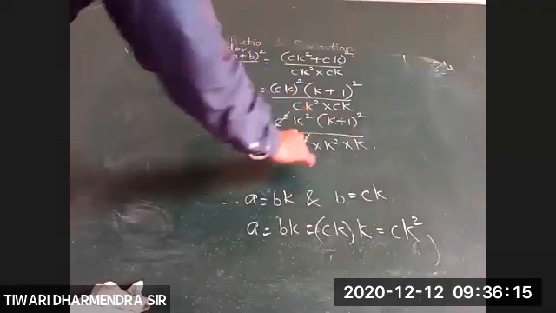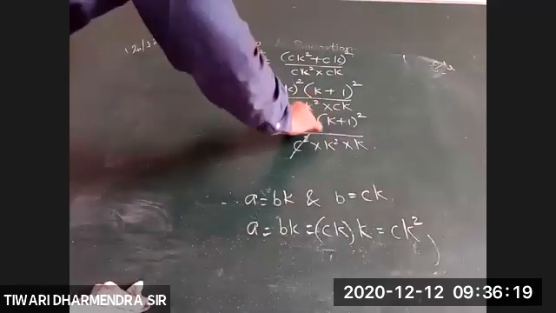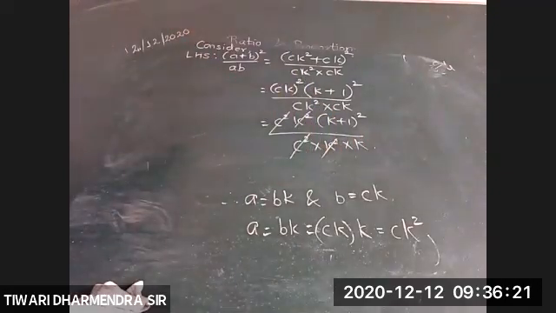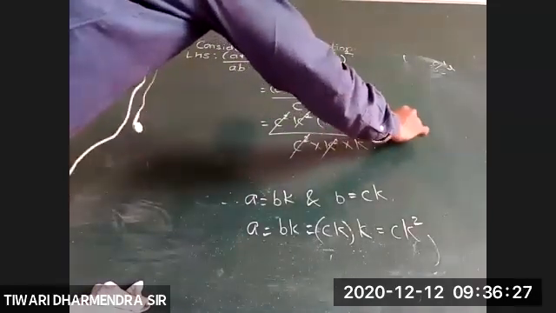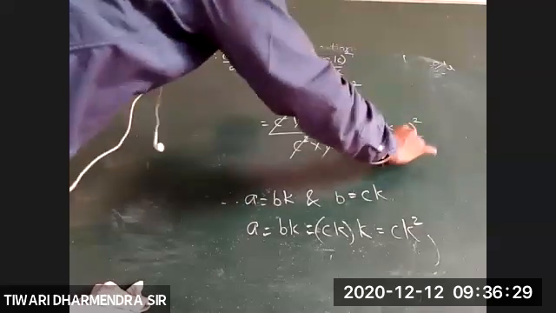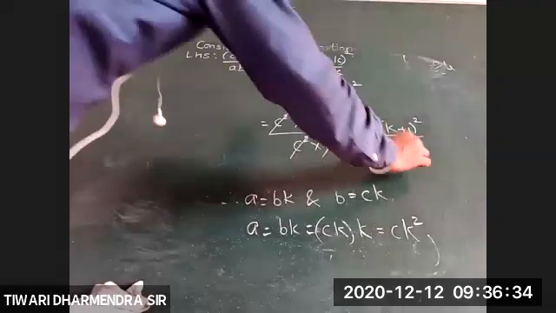So C square gets cancelled wholly. K square gets cancelled wholly. What remains is K plus 1 the whole square divided by K. So this is my equation number 1.